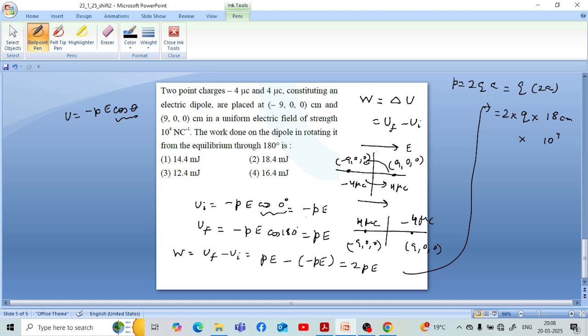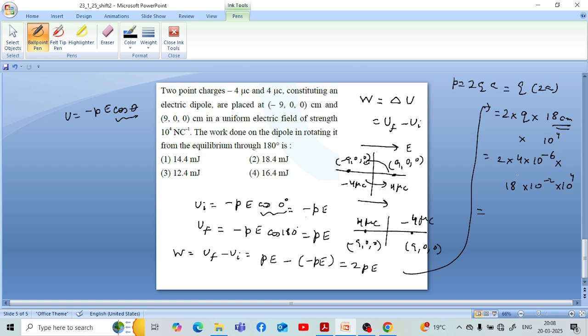Now we have to convert 18 centimeters into meters, so we multiply it by 10 to the power minus 2. And Q is given as 4 microcoulomb, which is 4 into 10 to the power minus 6 coulombs.